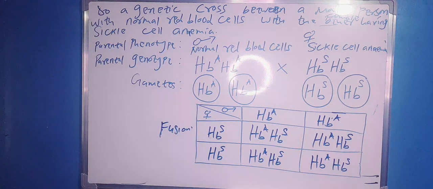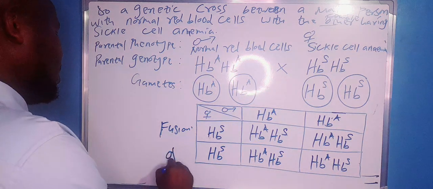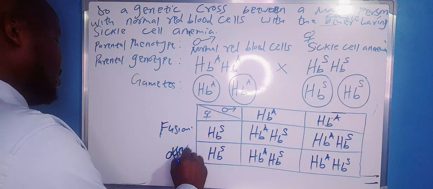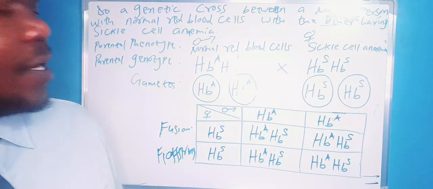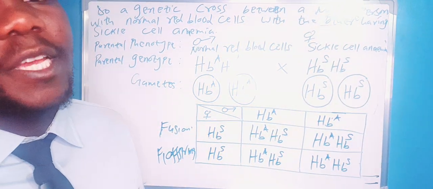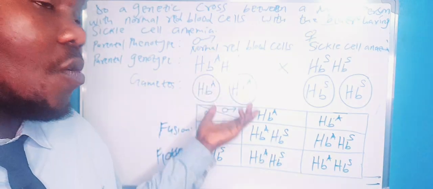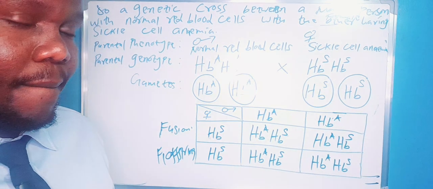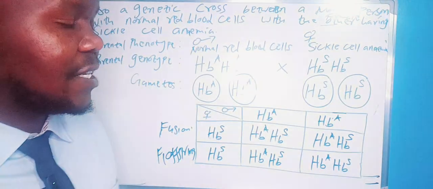And after your fusion, you get your F1 offspring. Which are these F1 offspring? You can check all are HbA, HbS. They are not normal hemoglobin. They are not sickle cell anemia. So they have the sickle cell trait.